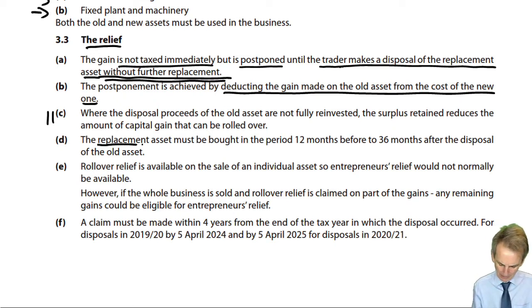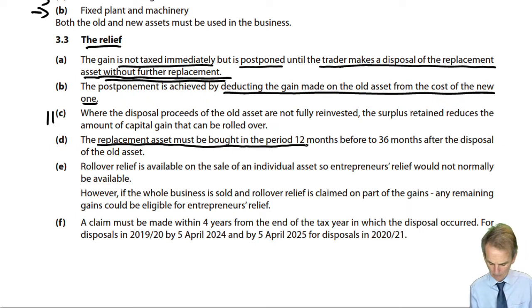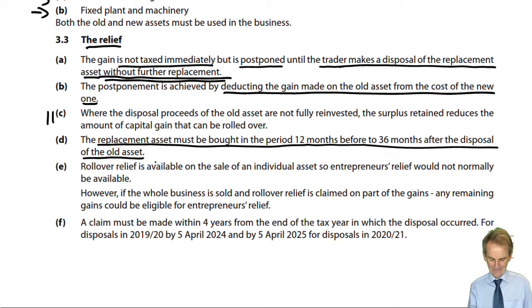The replacement asset must be bought, here's a qualifying condition, in the period between 12 months before up to 36 months after the disposal of the old asset. Now then, the replacement asset must be bought within that period, 12 months before to 3 years after the disposal of the old asset.